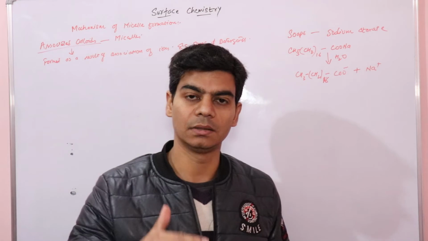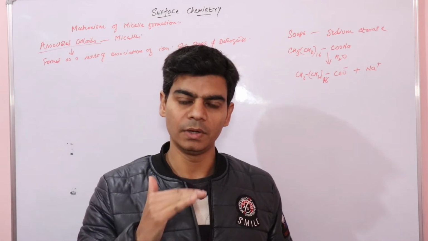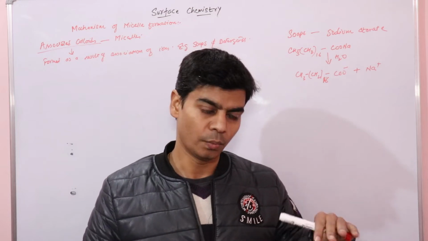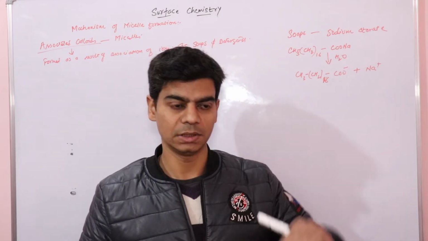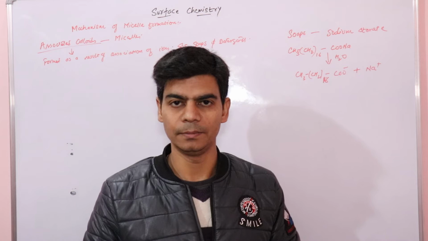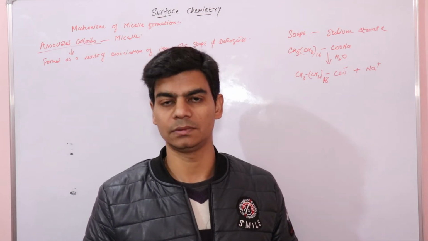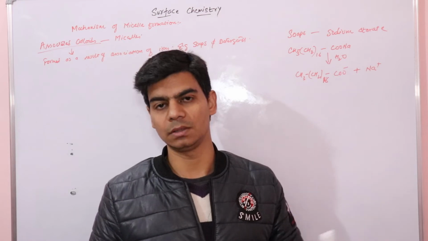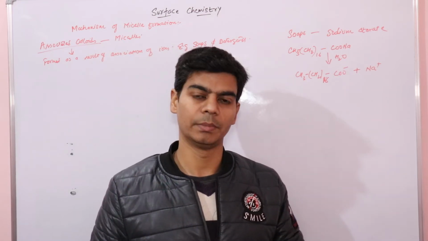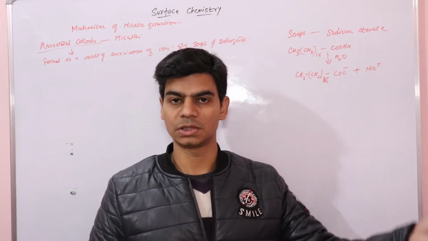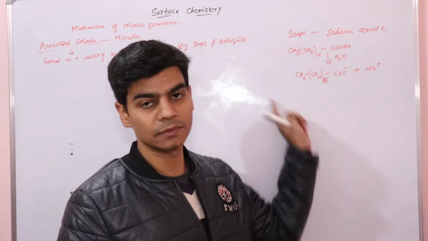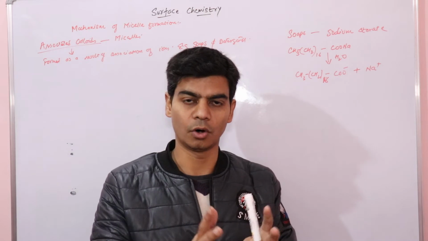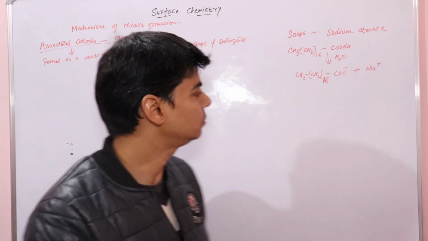Associated colloids at low concentration behave normally as strong electrolytes. When their concentration is increased above a certain level, which we call the critical micelle concentration, these anions will start associating to form ionic micelles.